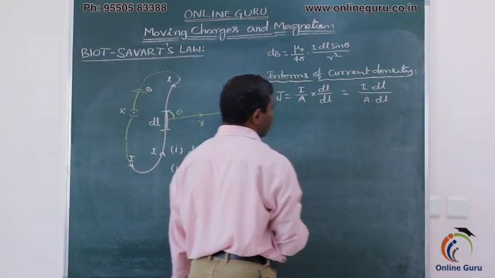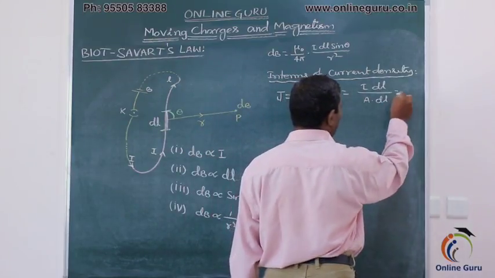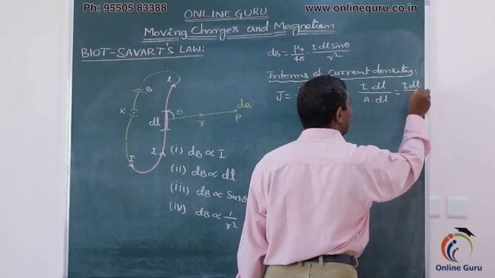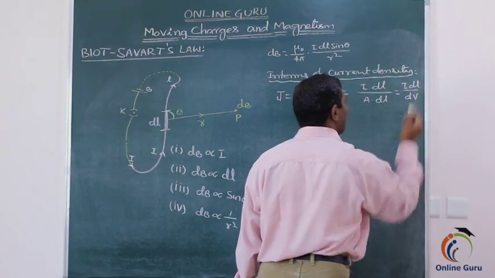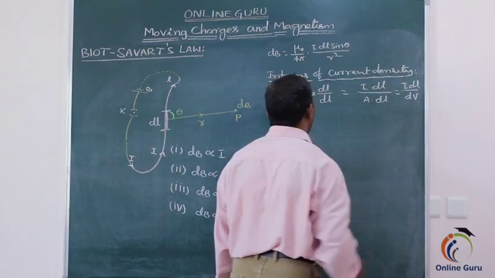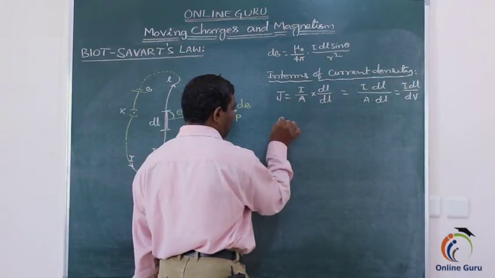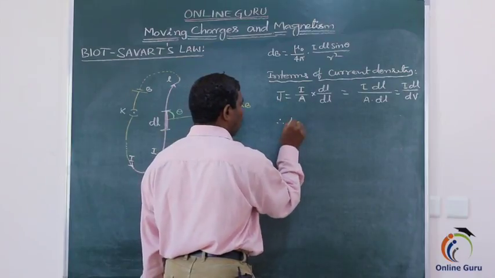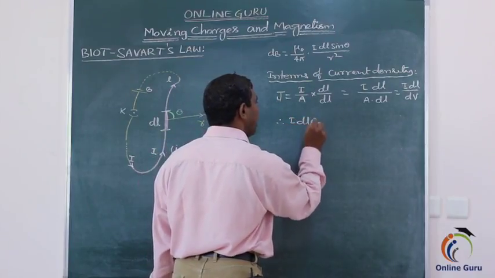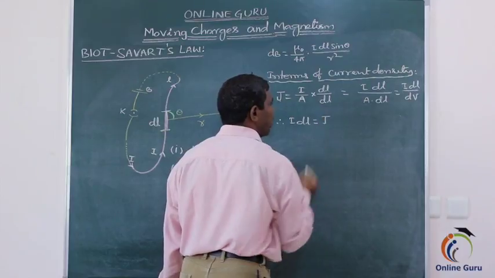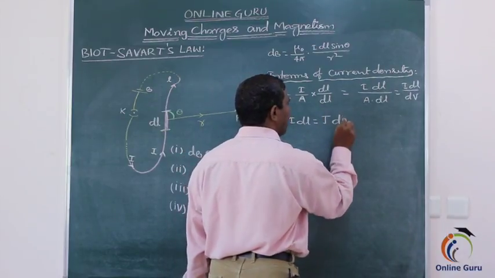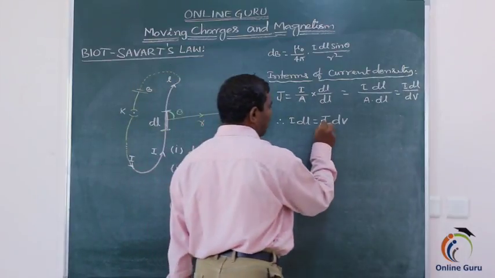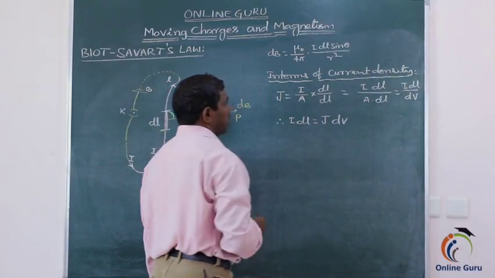Therefore A into dl is the change in volume, dV. From this equation of current density, we can write I dl is equal to J into dV. This is the equation for I dl with respect to the current density.